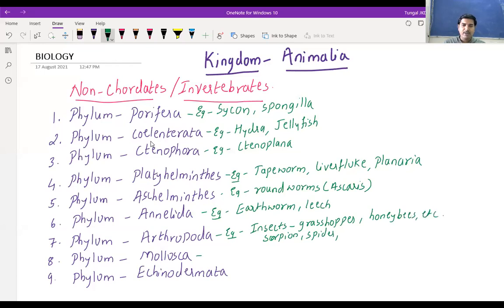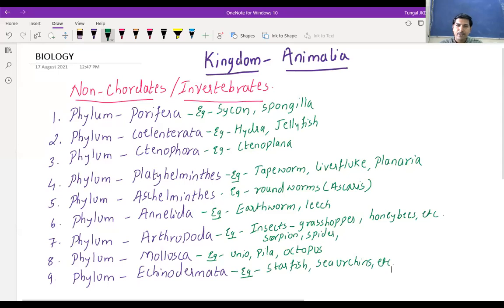Mollusca examples: Unio, Pila, octopus. Echinodermata examples: starfish, sea urchins, sea cucumber, etc. These are the few examples we have studied.